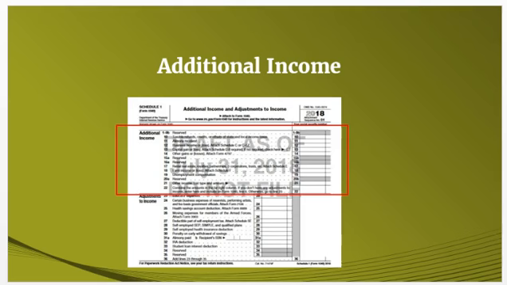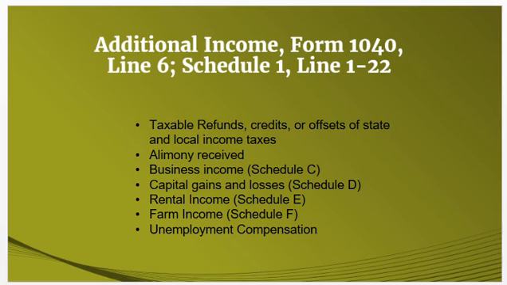So Schedule 1 is going to have several lines for additional kinds of income that we could see. And so what's going to be on that Schedule 1? Lines 1 through 22 of our Schedule 1 will report back to line 6 of our 1040.